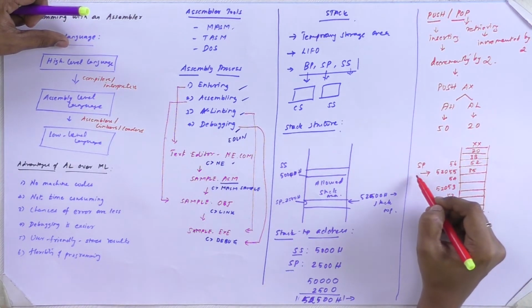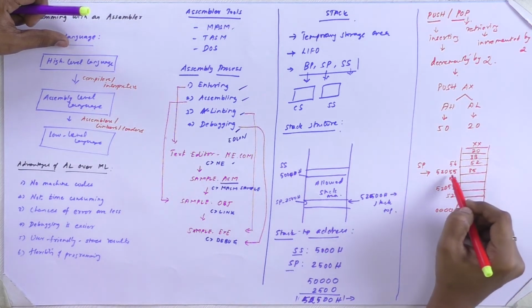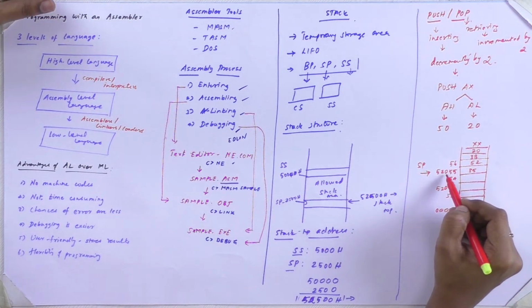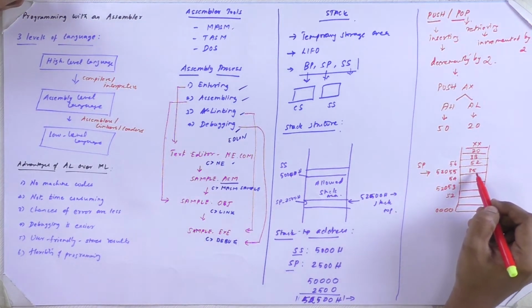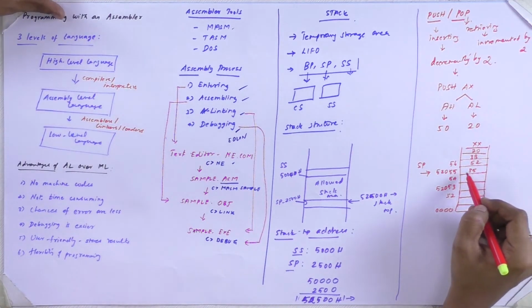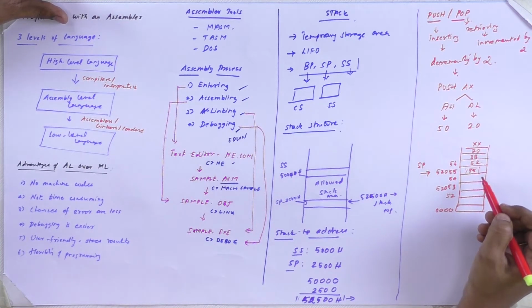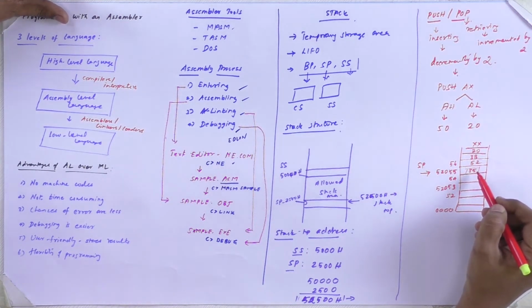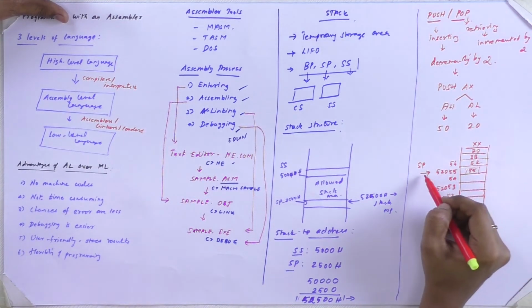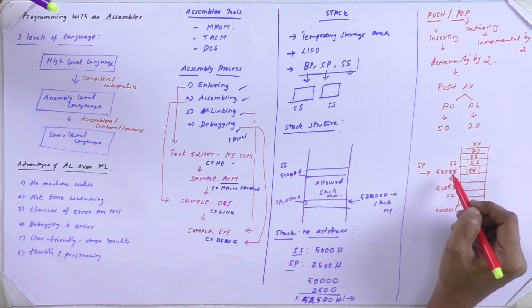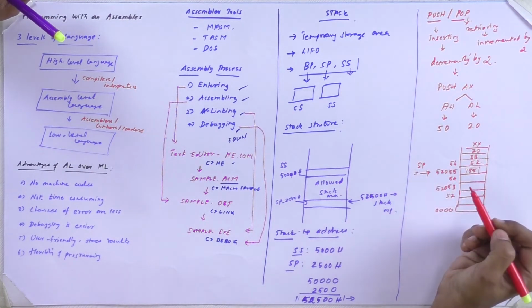Suppose the stack pointer points to the physical top address 52055 and it contains the value 35. It means that this is the most recently added item in the stack segment, so this address is already occupied and is pointed to by the stack pointer.